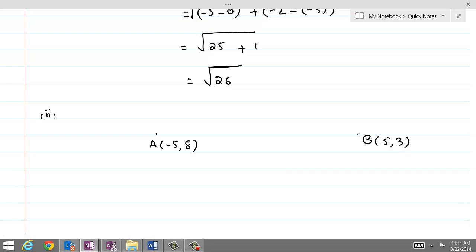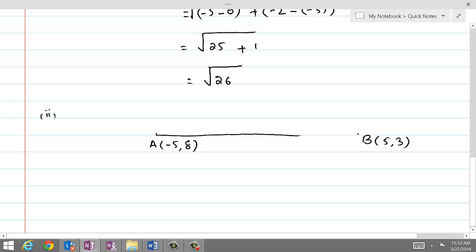Now we are going to find the point which is 2/5 of the way between A and B. If we draw a line from A to B, where will be the point 2/5 of the way?